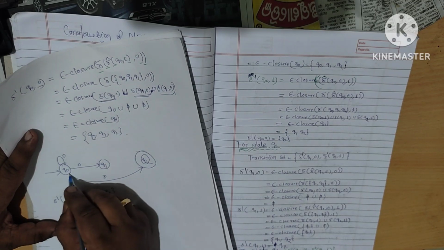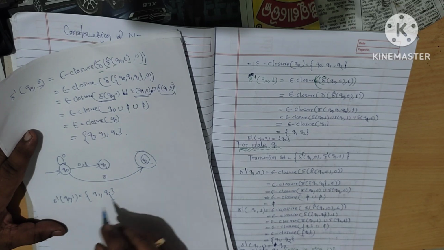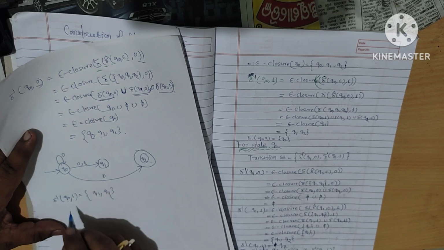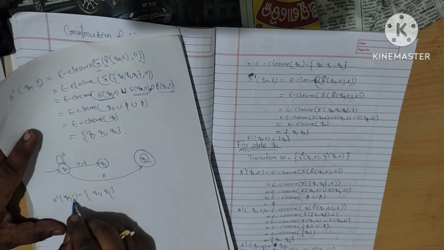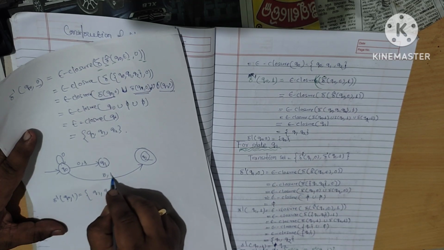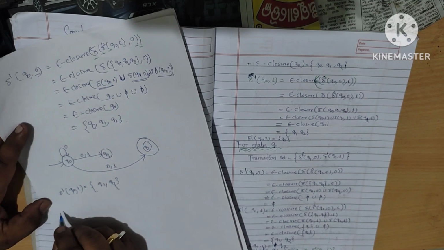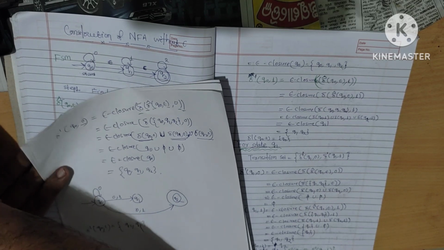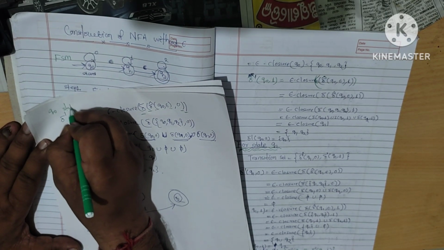So q0 on input 1 goes to the state q1, and also to the state q2. That is the idea. Now what have we completed here? We have completed the q0 state.